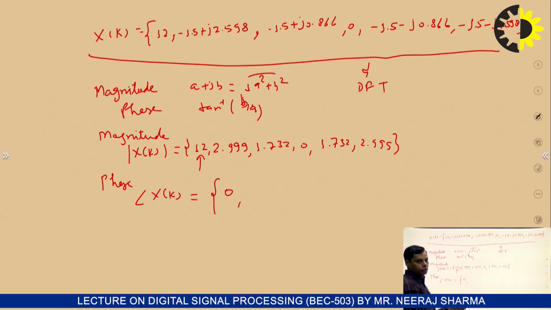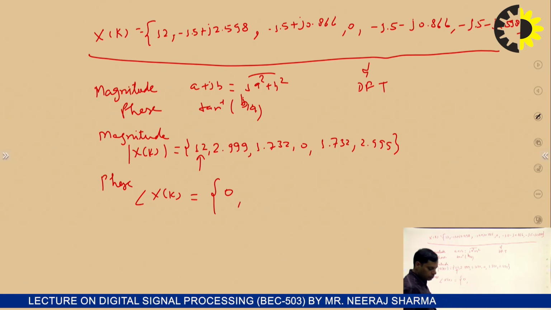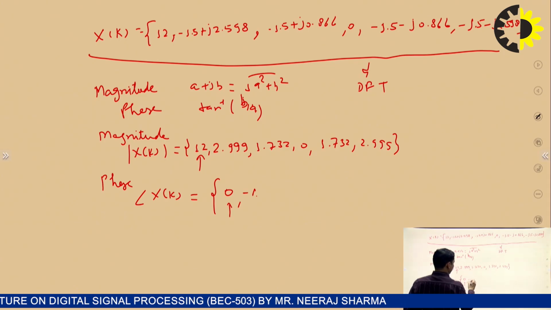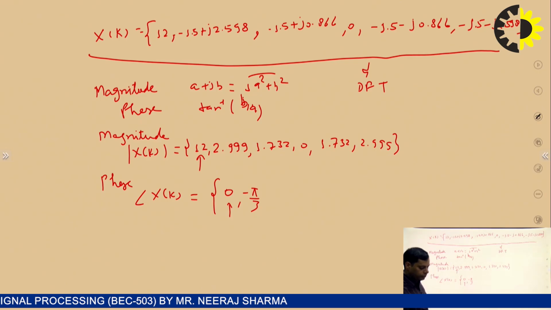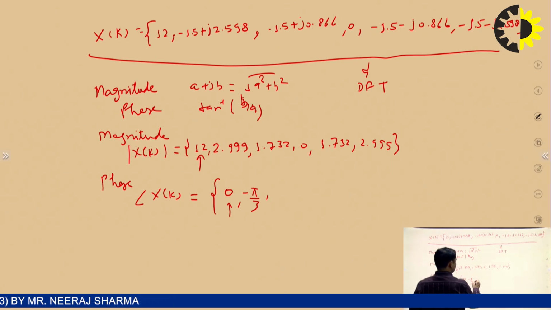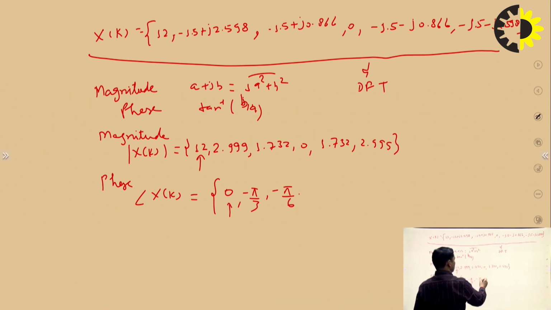And the next one, minus 5 pi by 3, that is 2.59 divided by minus 1.5. When we solve it, it comes out near about minus pi by 3, then minus pi by 6 for this 0.866 divided by 1.5, and this tan inverse comes out, then 0. After that, pi by 6 and pi by 3 here.